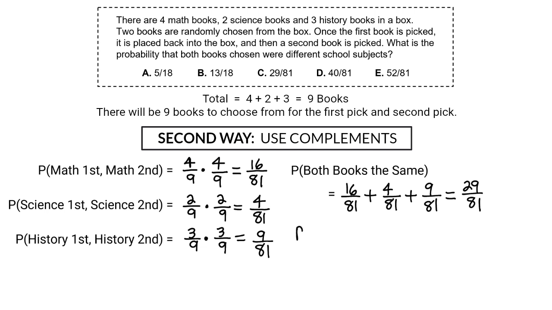So now if I want to find the probability that both books are different, that's the same thing as 1 minus the complement, or the probability that both books were the same.